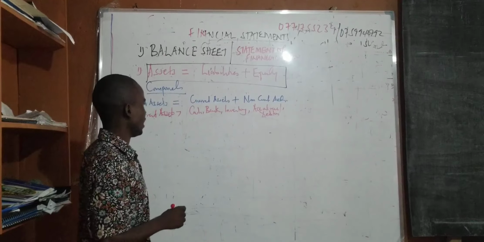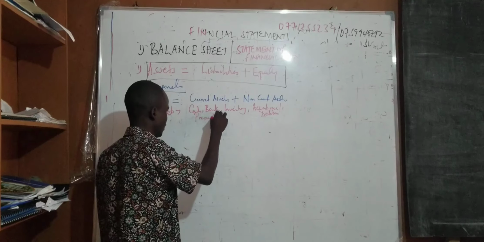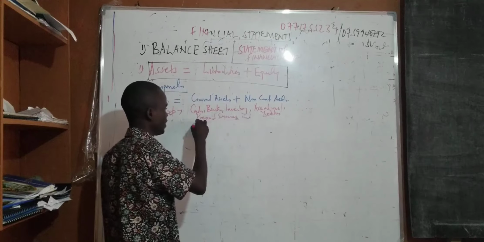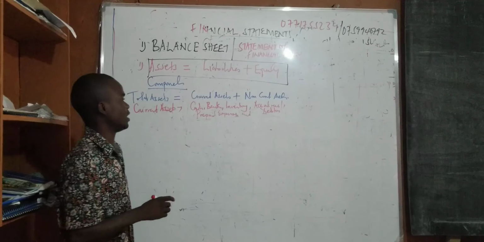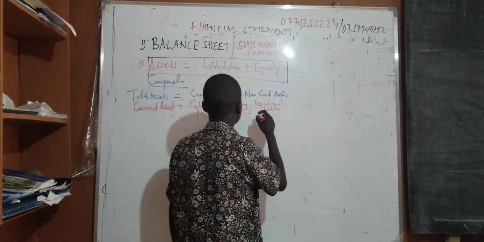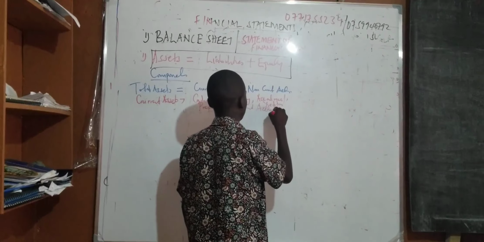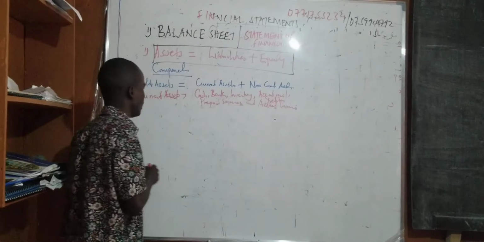Then prepaid expenses, which are expenses that have been paid in advance. We shall look at it at the end of the adjustments. And lastly, we have accrued incomes. These are the 6 current assets that we have.